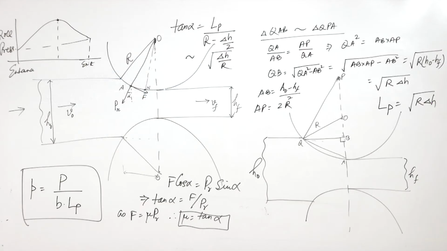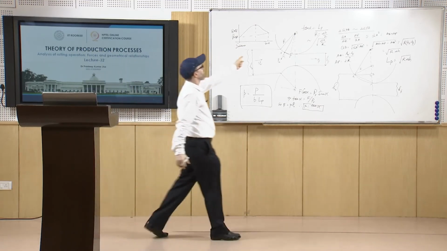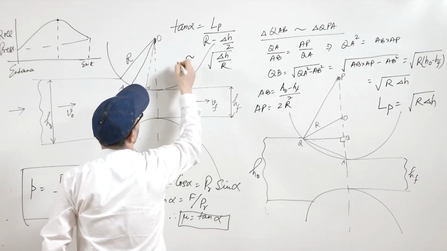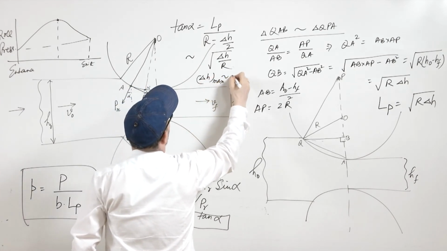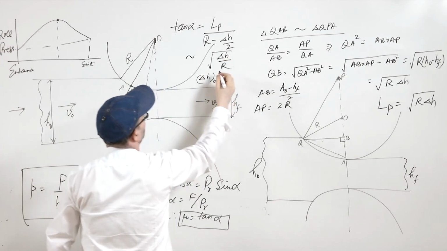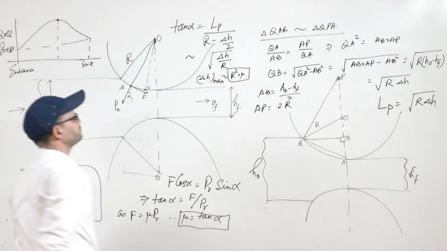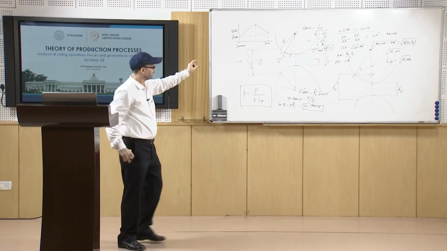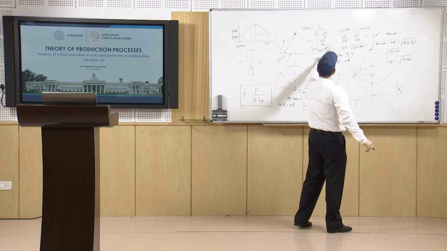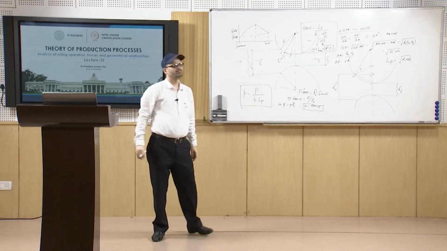If you take that value, mu square will be delta H by R, and delta H maximum will be mu square into R. So you can find the maximum reduction depending upon the radius R and the friction coefficient mu.